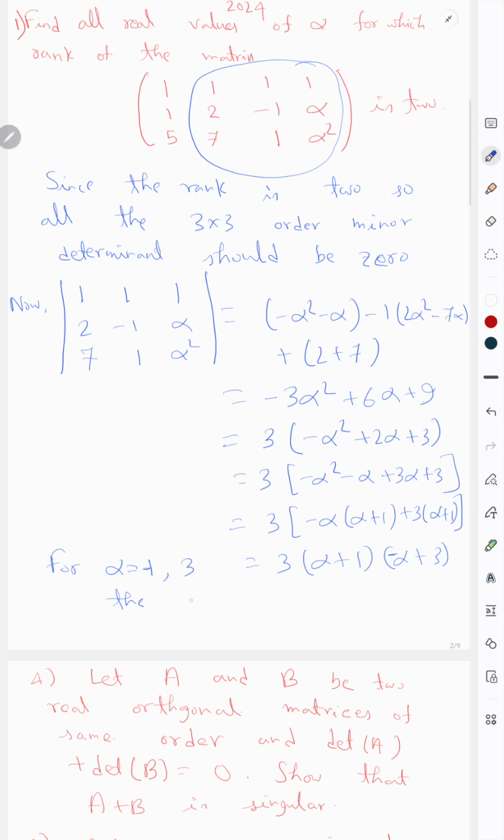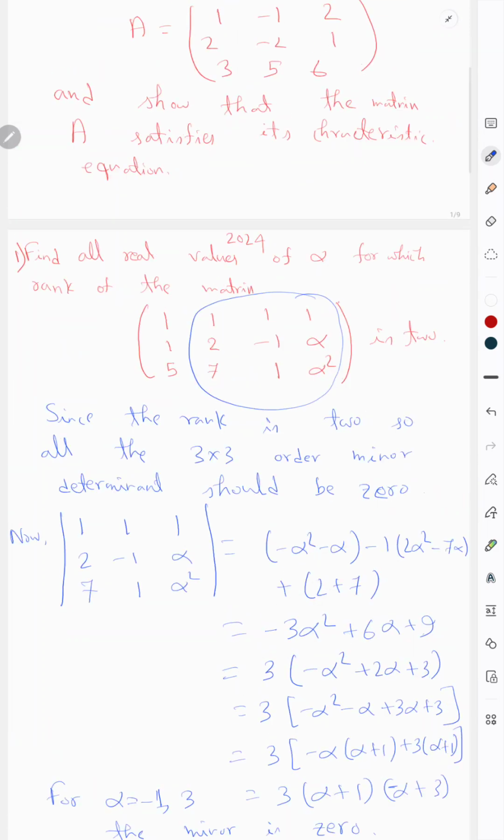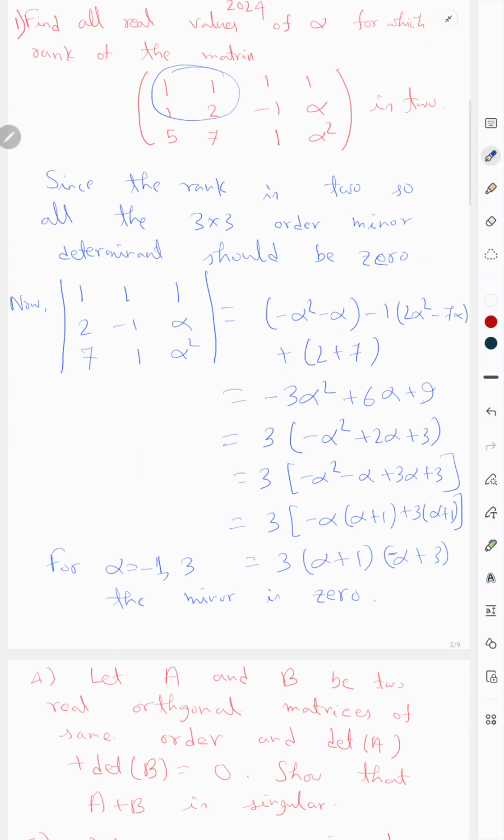The minor is 0. Then obviously you have to go for the two order determinant, and if you consider this minor, then the rank is 2, right? So in this way you can try.